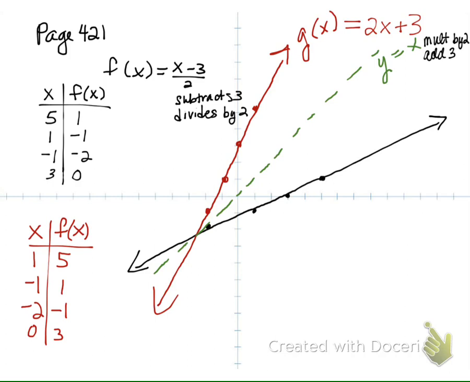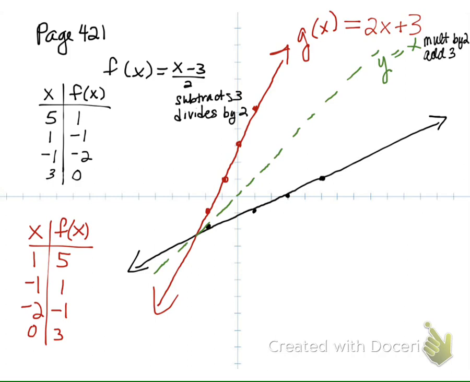Do you see how that is related to the f function steps? It's opposites, isn't it? So in algebra, when we're solving, don't we always say use inverse operations? But it's backwards and inverse, isn't it? In the f function, the last step is divide by 2, and in the g function, the first step is multiply by 2.